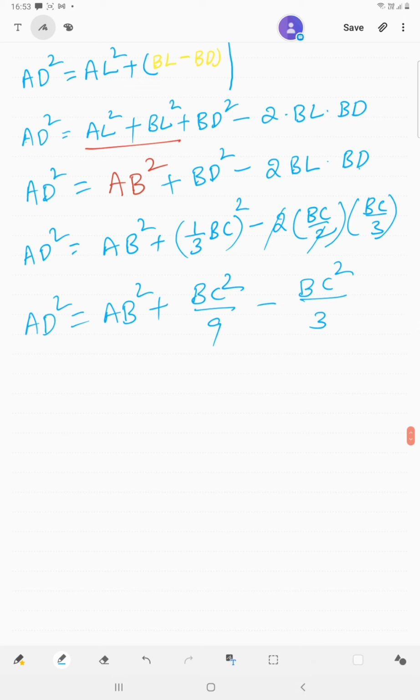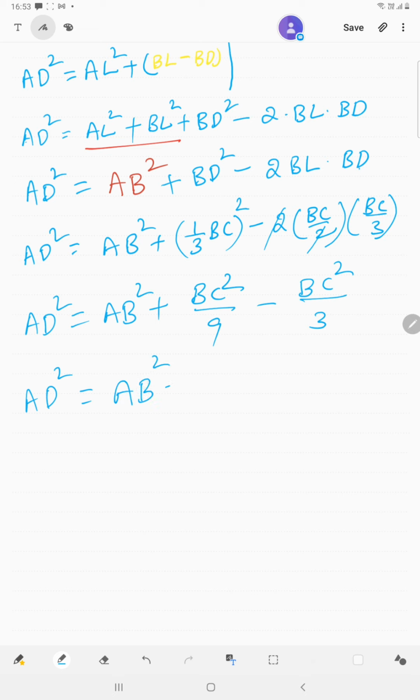And our given triangle is an equilateral triangle, and we know that AB is equal to BC is equal to CA, and the proved part means what we have to prove is 9AD square is equal to 7AB square. That means the side should be AB. Therefore, in this step, I am replacing BC with AB.